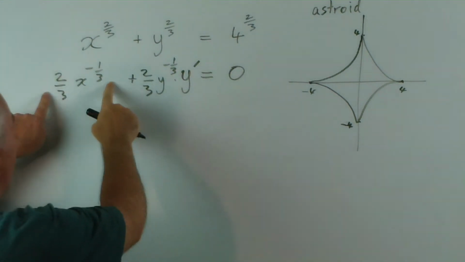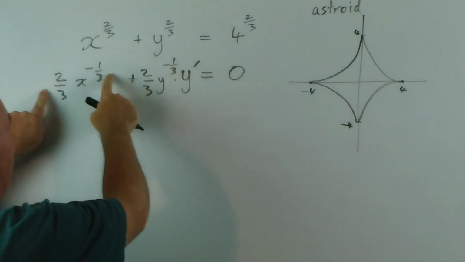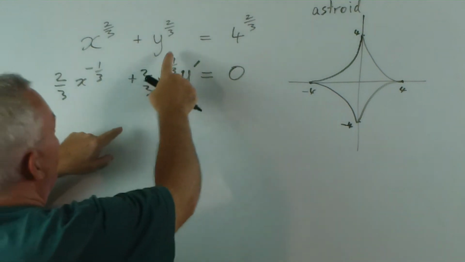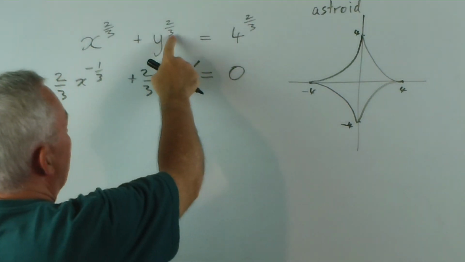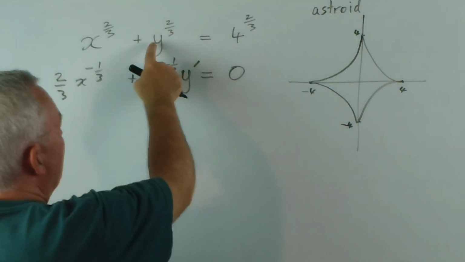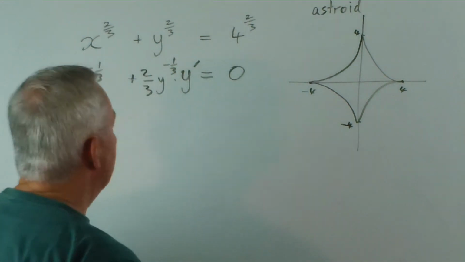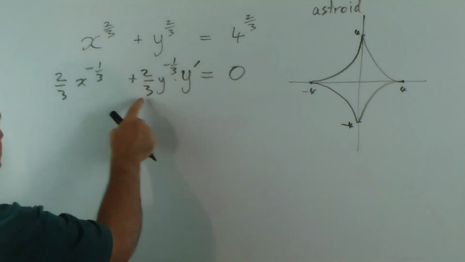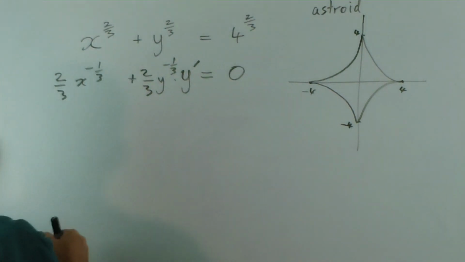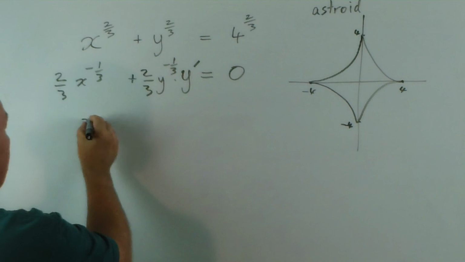So there we go. This is traditional. We've done that many, many times explicitly. And this one, we treat the same way, but because y is a function of x, we still need that derivative with respect to x. Now, multiplying through by 3/2, or dividing by 2/3, will give us this.